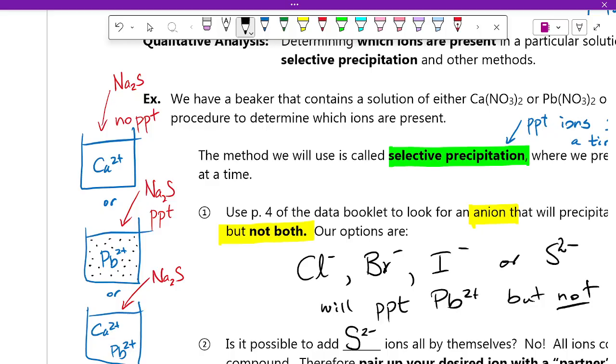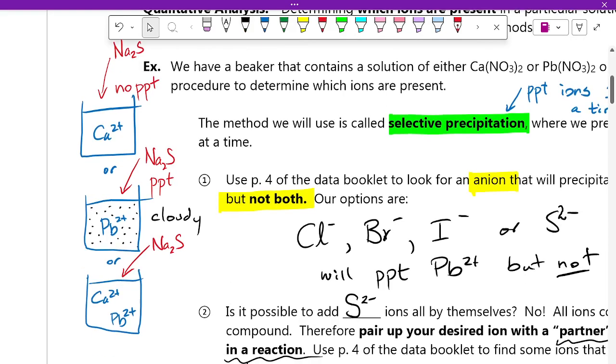Okay, what does that actually look like? It looks cloudy. Sometimes it might be opaque, like it might block all the light, but very often it won't be enough, it'll just look cloudy, okay? What if we add Na2S and it has both the calcium and the lead?